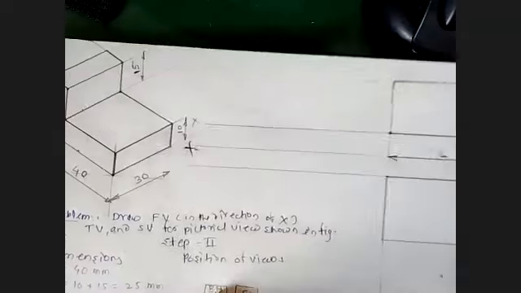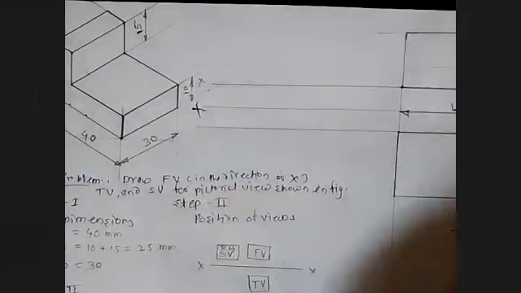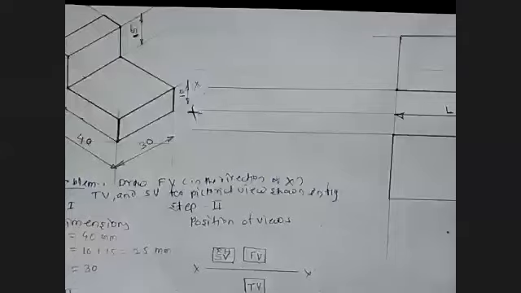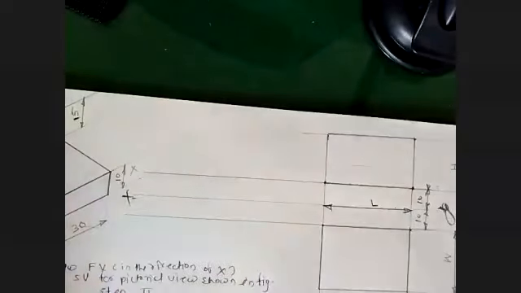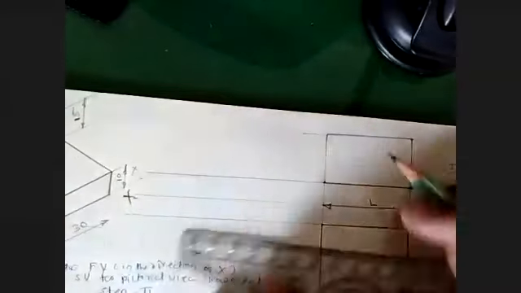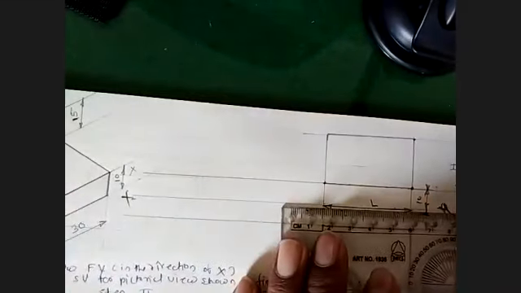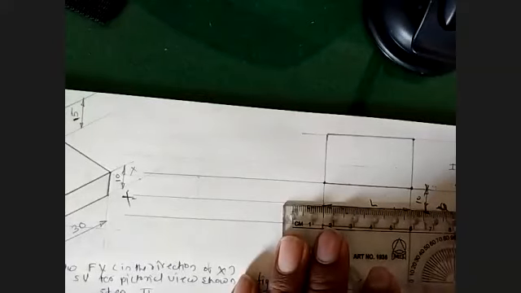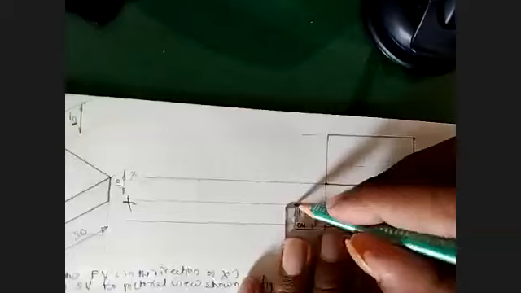Your side view will appear on the left side of your front view. Correct. So from this edge, I will take 10 millimeter on the xy line, and then I will draw the line.